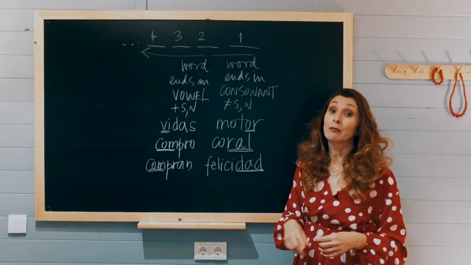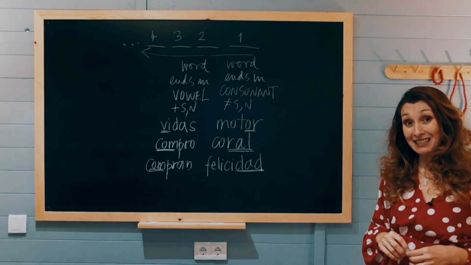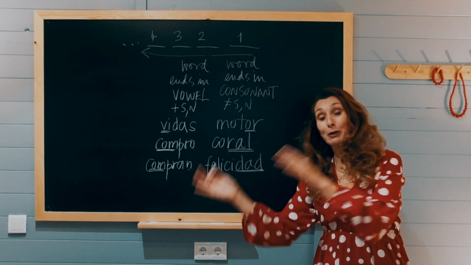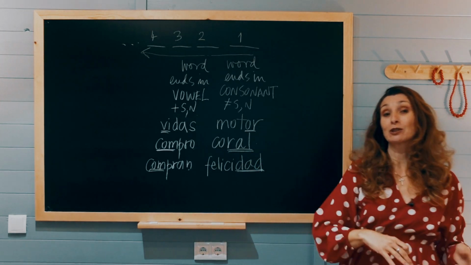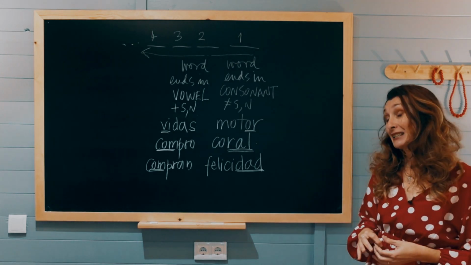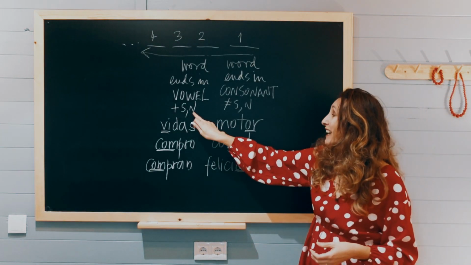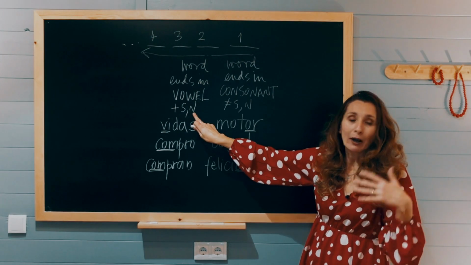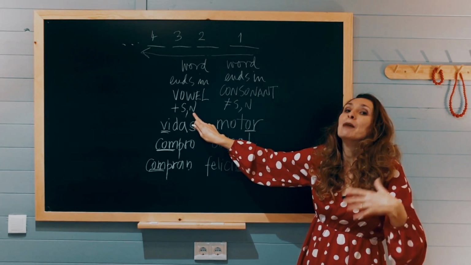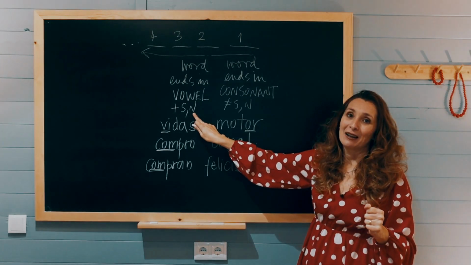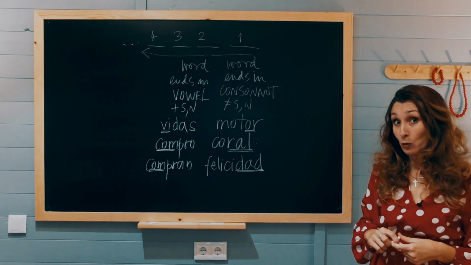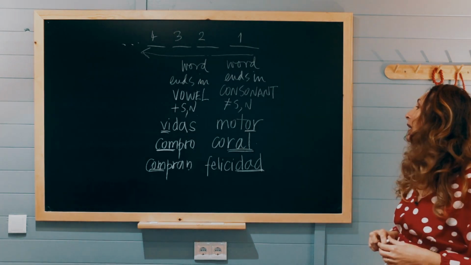S and N are both very common endings, and in order to avoid this accent jumping back and forth from one syllable to another, in order to keep it in the same place and make things simple, S and N count. Obviously they're not vowels, they're consonants, but they go in the same category as the vowels in this case, okay?